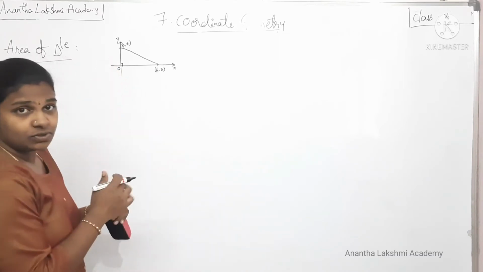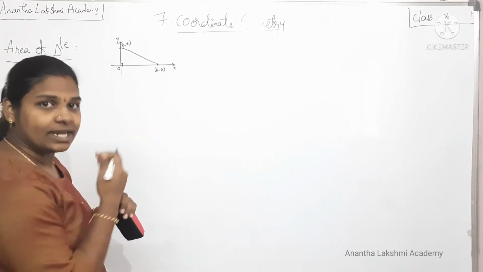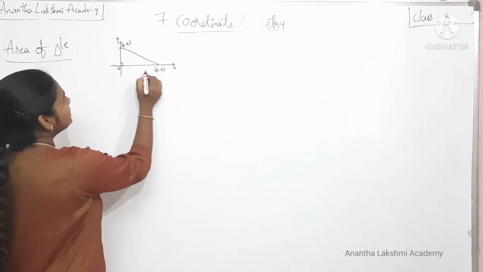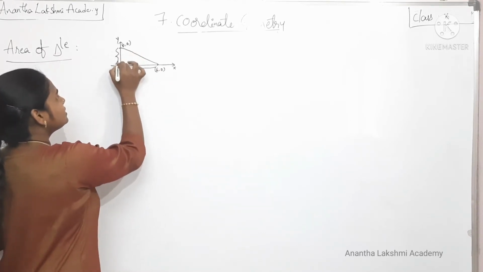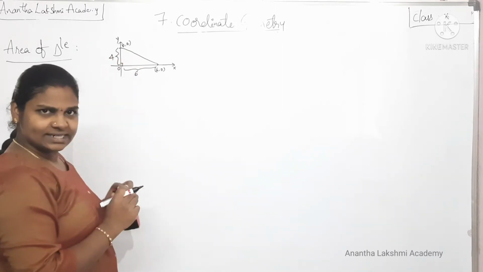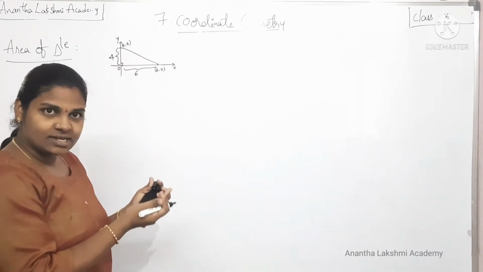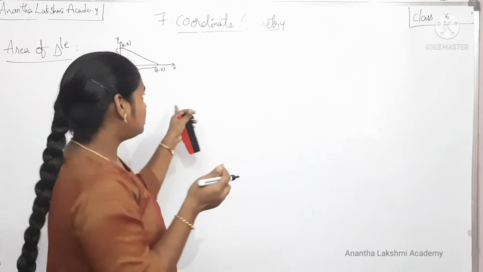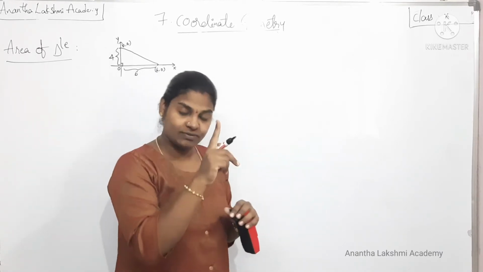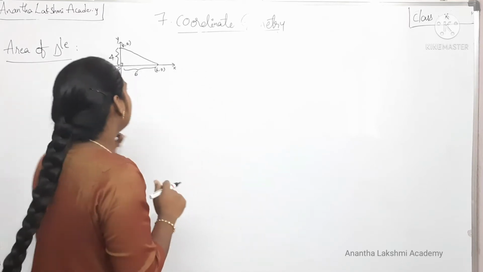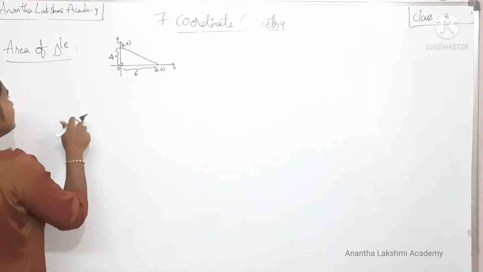Now if I ask you to figure out the area of the triangle, how do we do that? The base, this distance is nothing but 6 and this distance is nothing but 4, isn't it? That's what we have discussed in our earlier videos. If you are not able to understand this, please go through the introduction part of coordinate geometry, the very first part, wherein we have explained in detail.